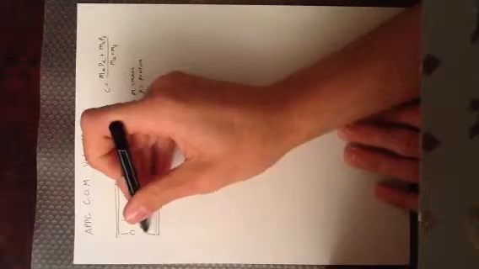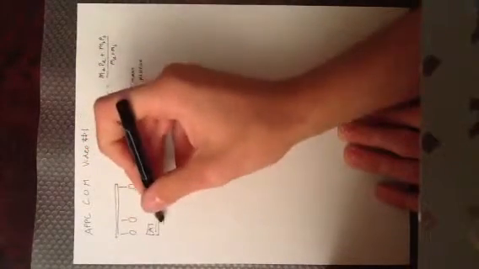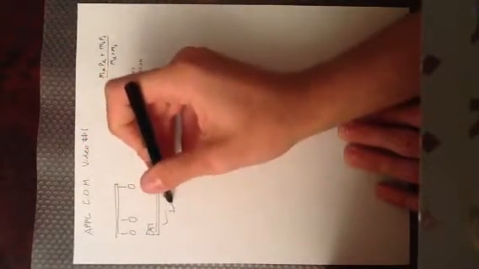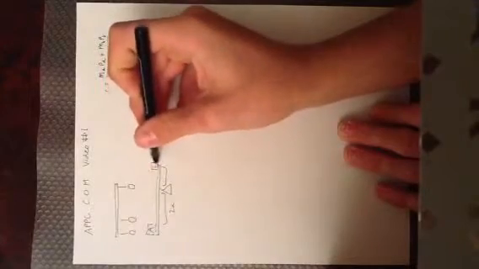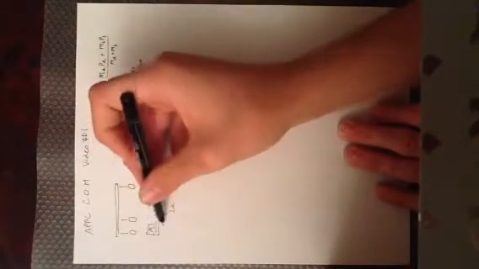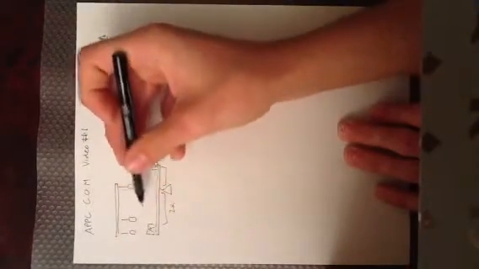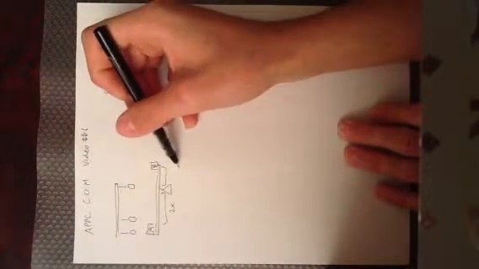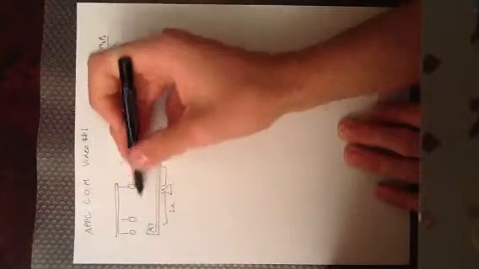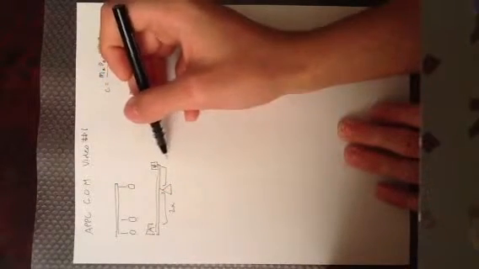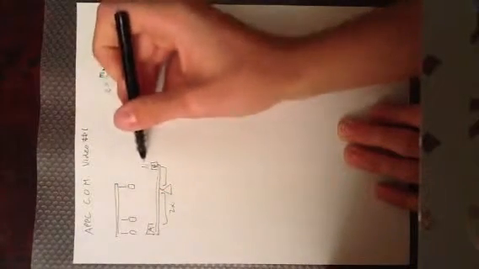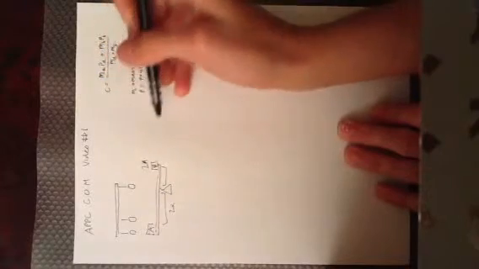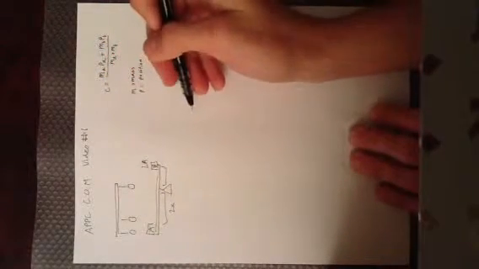So, if block A is twice as far as block B is from the center, then block A is going to exert twice as much force down as block B is. So if block B weighs twice as much as block A, then the forces are going to balance.